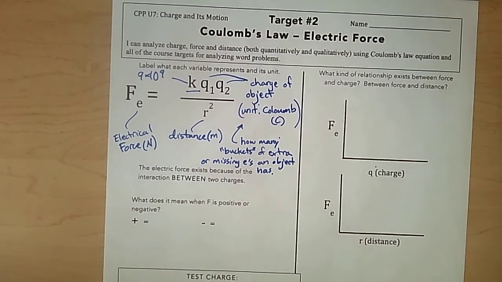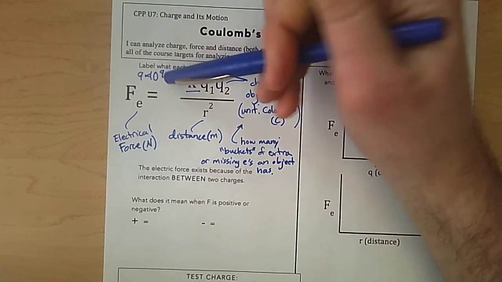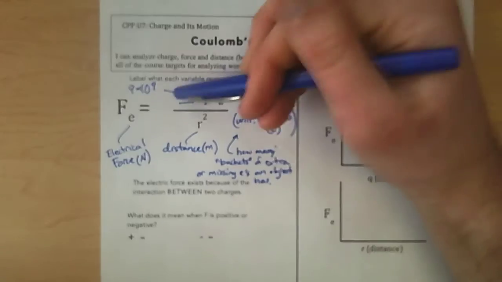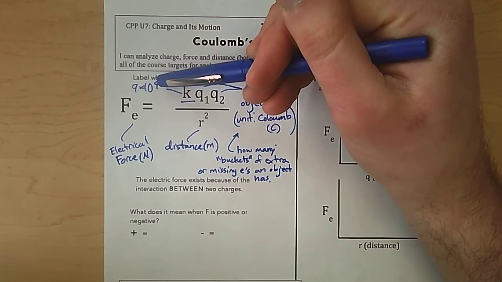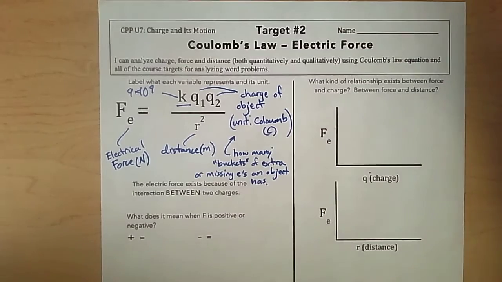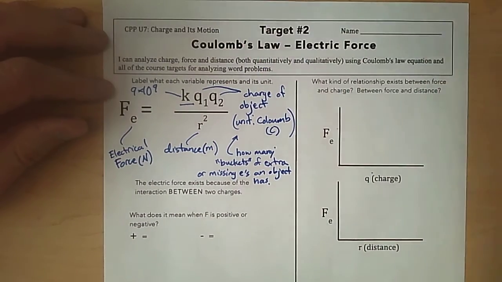This is our electrical equation constant. It's 9 times 10 to the 9th, which is way bigger than 6 times 10 to the negative 11th for gravity. What that tells us is that gravity is a really wimpy force, and the electrical force is much, much stronger than gravity.